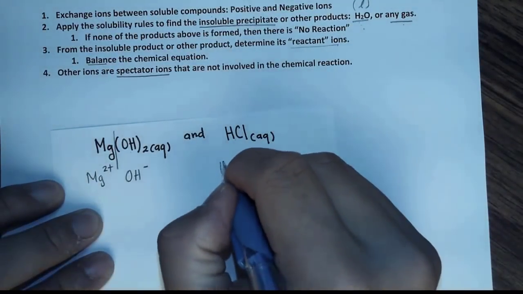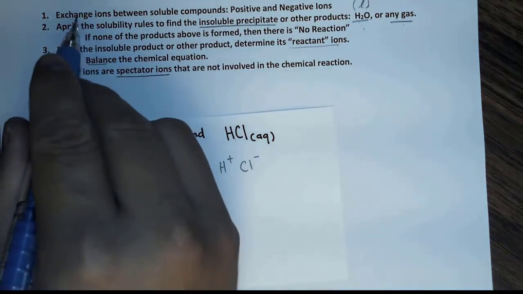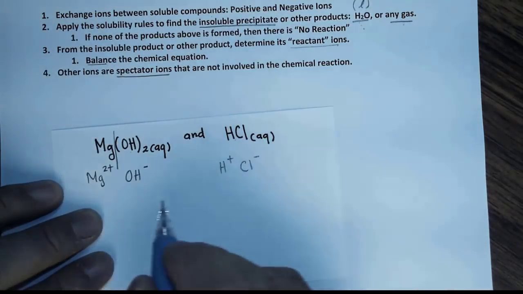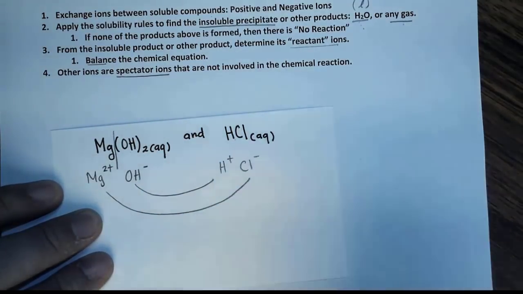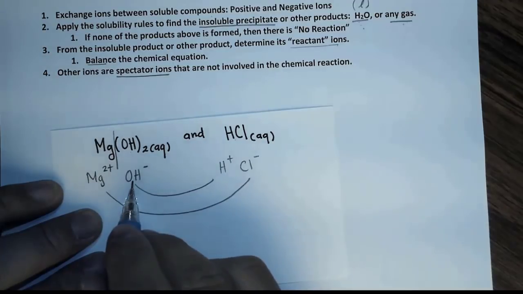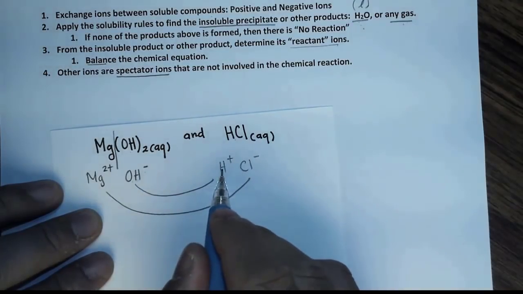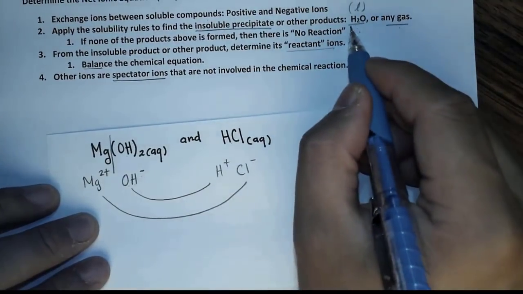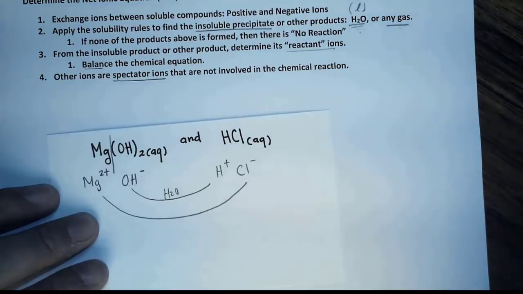And over here we have H+ and Cl-. So we exchange our ions, positive and negative. This negative forms with that positive, and this positive forms with that negative. But in this case, OH- or hydroxide and H+ make water, which is one of our products. So this is H2O.